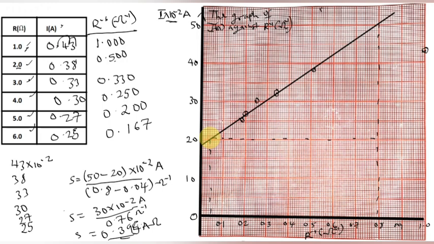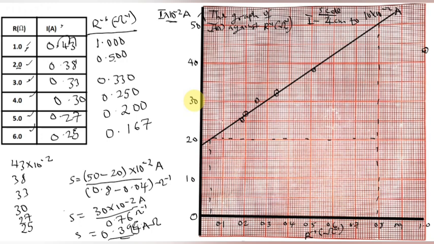So it's very easy. On the I axis, my scale is 4 cm. When you count, from here to here is 2 cm, and from here to here is 4 cm. So the numerical unit that is here is 10 times 10 raised to the power minus 2 ampere, which is simply the same thing as 0.1 ampere.